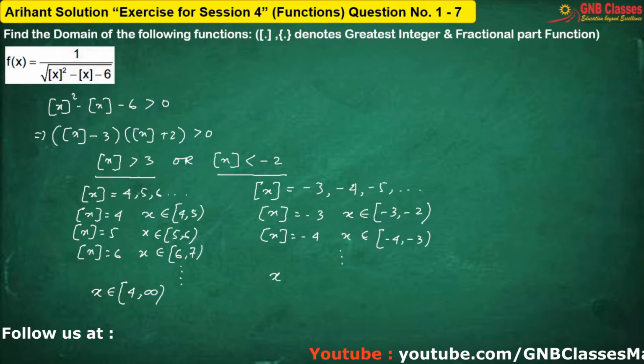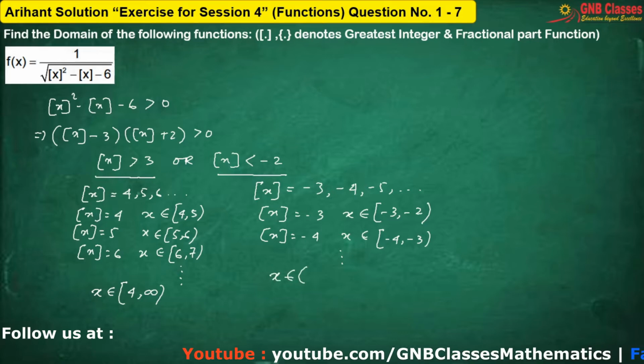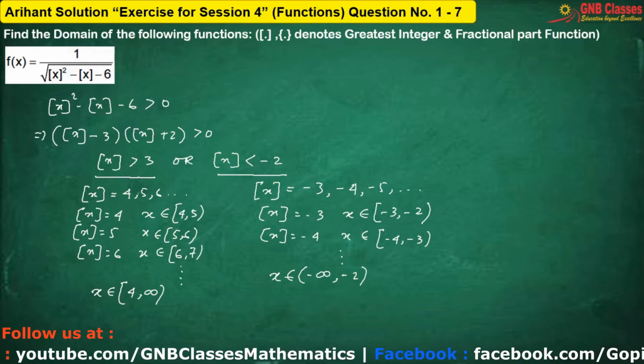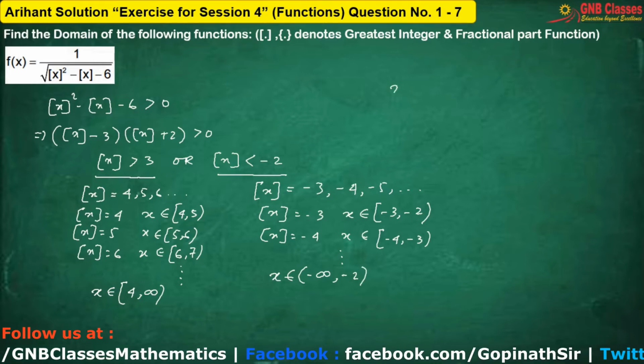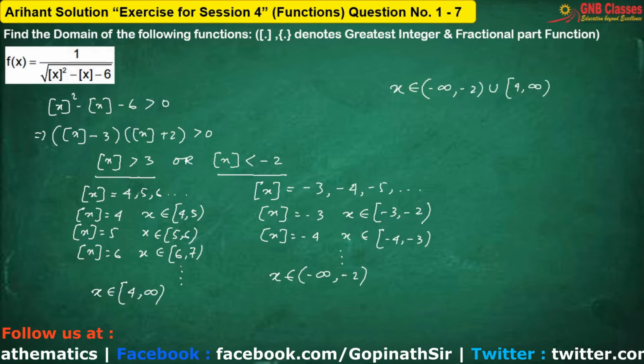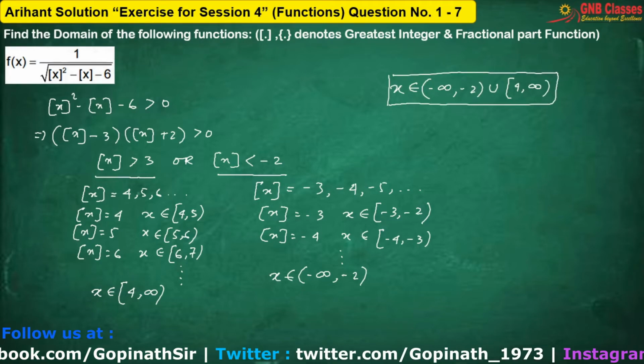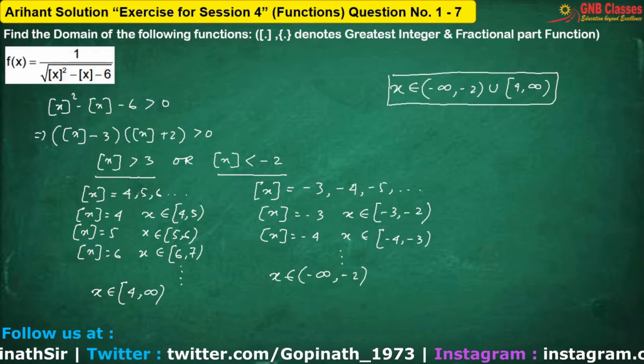Therefore, from here we can write x belongs to -infinity to -2 open. Therefore, the required domain is the union of both. Is it clear to everybody? Have you understood it? Okay. Let us move to the next problem.